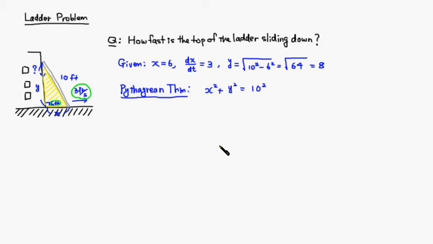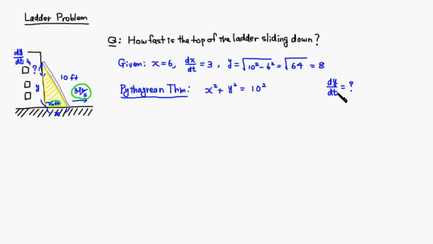Then what are we looking for? How fast is the top of the ladder sliding down? So we are looking for the rate of change of y, which is dy over dt. That's what we're looking for.